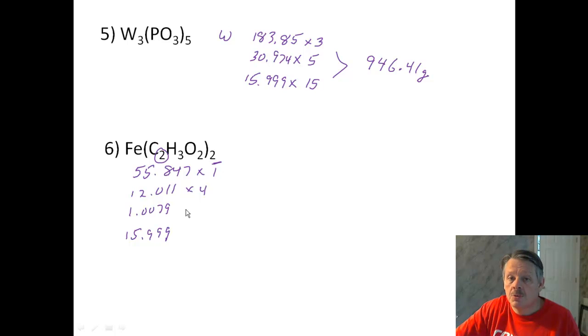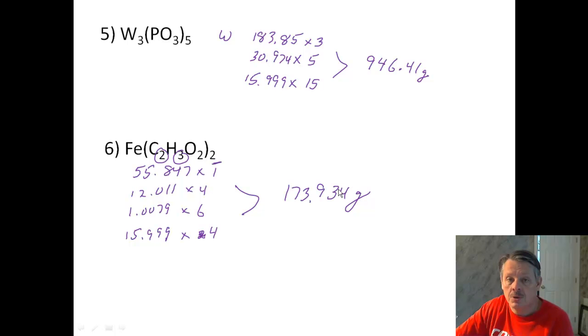And I've got 6 hydrogens. 3 of them inside, I have to multiply by 2. And the same thing for oxygen. I have 2 inside, I have to multiply by 2. So I've got, sorry, that's wrong, I've got 4 there as well. If I multiply all these out, I get 173.934. And again, your units are grams because we're talking about molar mass.